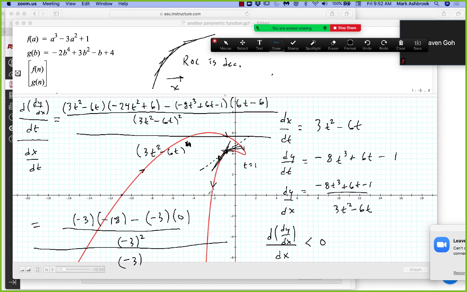All right, how did I do plugging in positive 1? Minus 3, minus 18, that's 5, minus 3, and 0, minus 3 squared, I think I got it. But please speak up if you see an error. And so here we go, and we're expecting this to turn out negative.